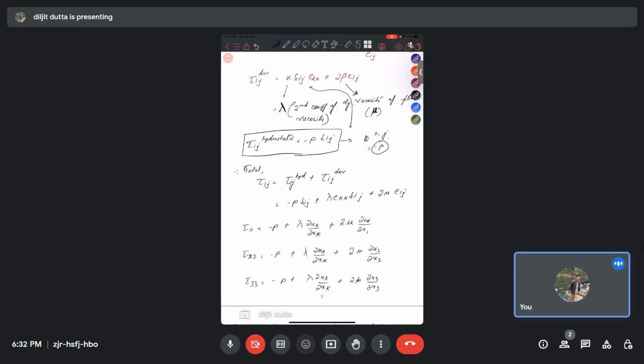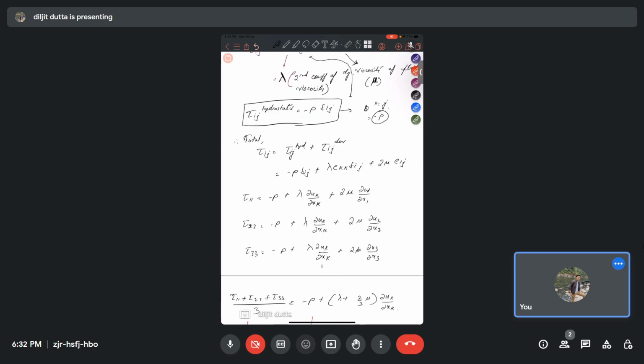So we will expand this term in all three directions. First we write in terms of x, next y, and thirdly z. If we write in the direction of x, then tau 1 1 is equal to minus P plus lambda del uk by del xk plus 2 mu into del u1 by del x1.